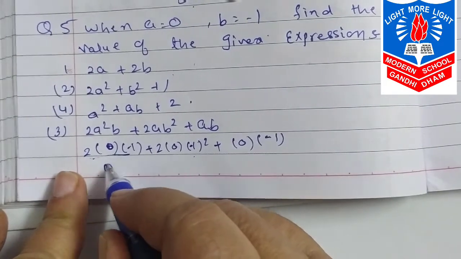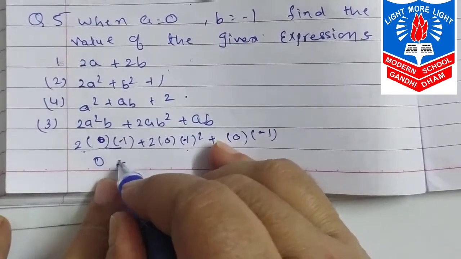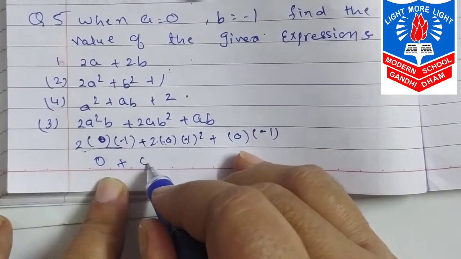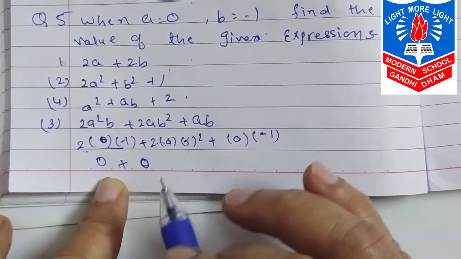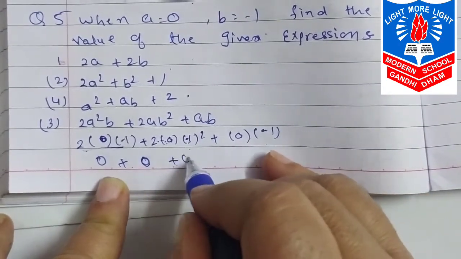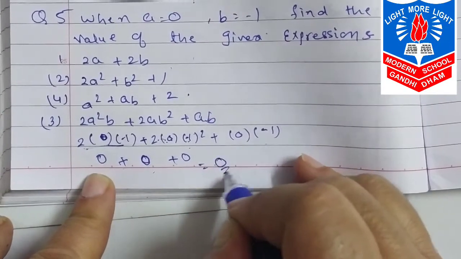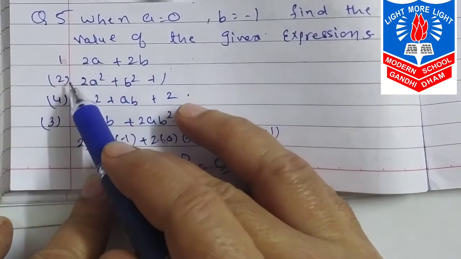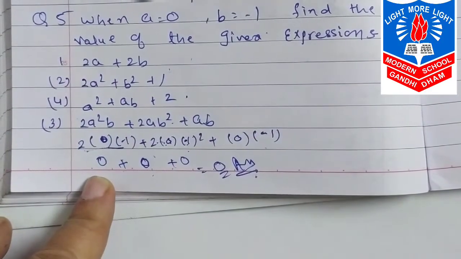So here is 0. Here also 0. 2 into 0 is 0, 0 into minus 1 also 0. So if any one 0 comes, it means the value of the term is 0. Here also 0. So 0 plus 0 is equal to 0. So answer is 0. In such a way you solve first, second and fourth one.